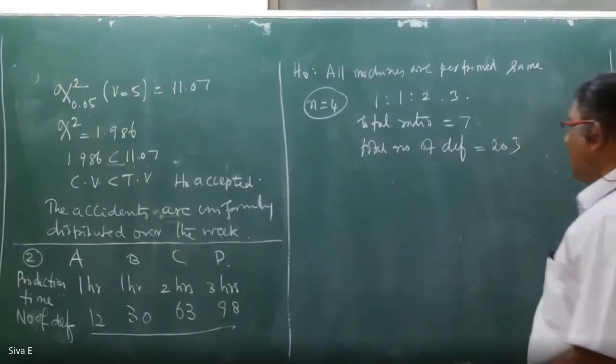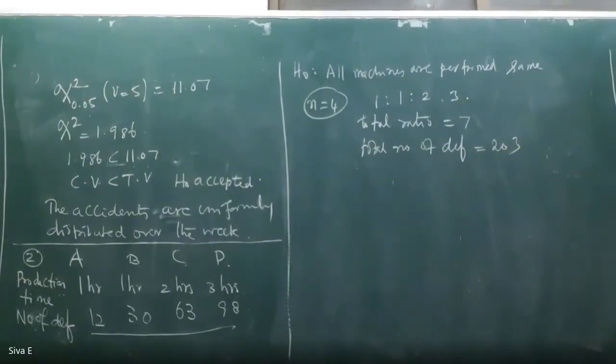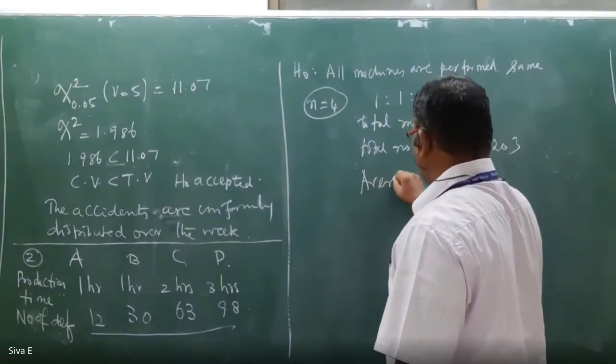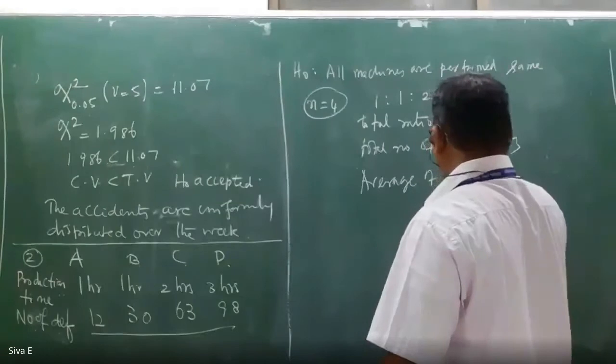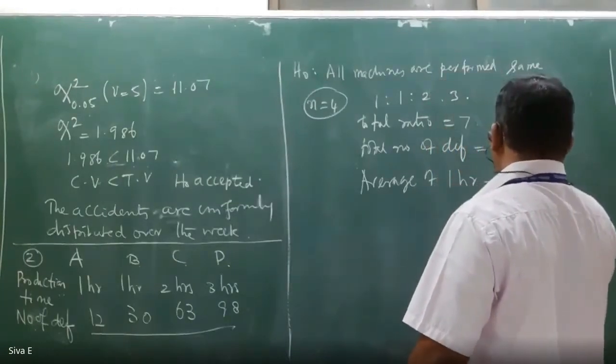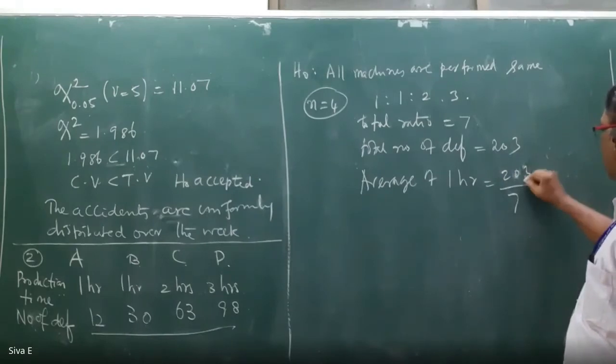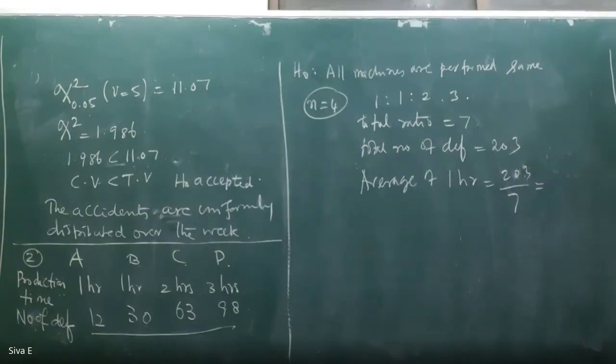So what is the average of 1 hour? That is equal to 203 by 7, which is 29.